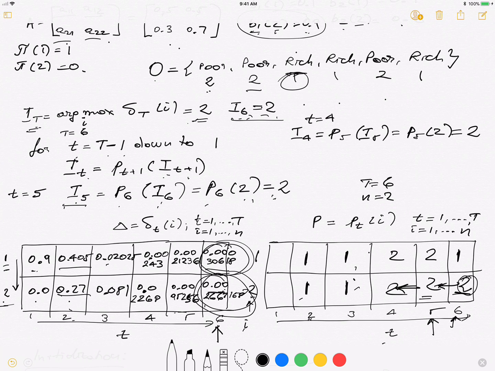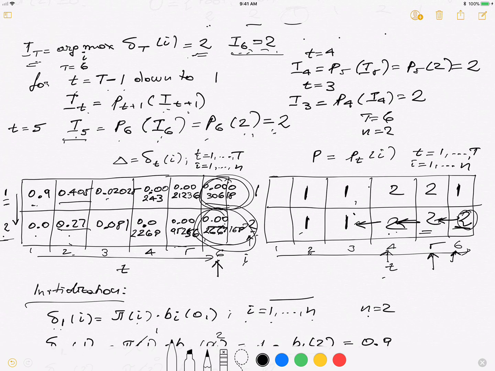Similarly, when t equals 3, I3 will be equal P4 of I4. I4 was 2, so P4 of 2 was again 2. And you see how it goes. You have to look at 2 more.